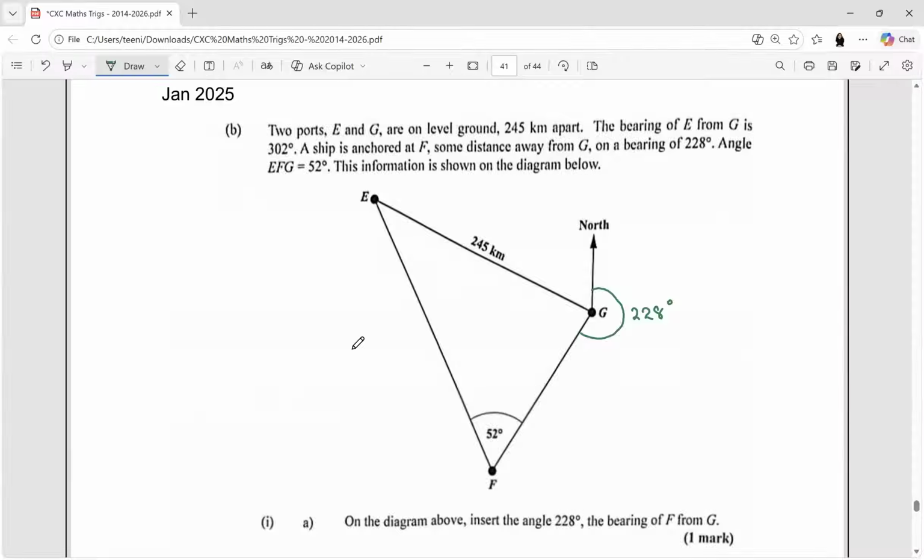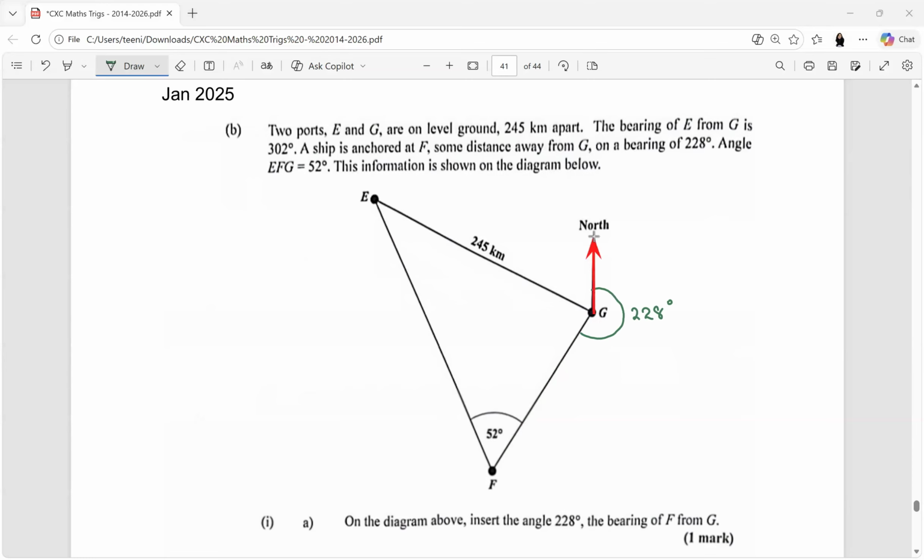What other information we have? We have that the bearing of E from G is 302 degrees. So guys, if it's E from G, that means you're starting at G, because it's from, so your north line at G. And to get to E, remember, it's the clockwise angle. So that's not this angle, because this angle is from here to here, which is an anti-clockwise direction. So that's wrong.